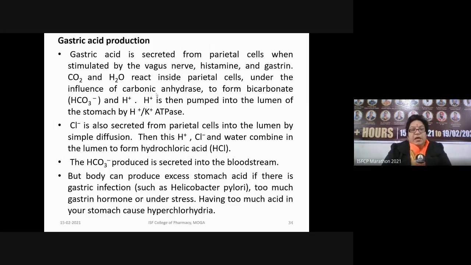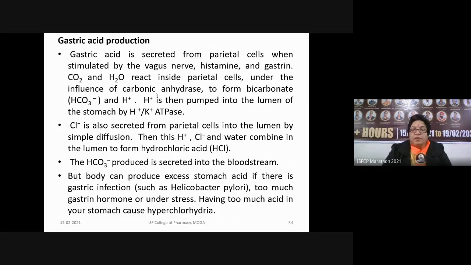Carbon dioxide and water, CO2 and H2O, react inside the parietal cells under the influence of carbonic anhydrase enzyme. As we discussed in the introduction, there are so many types of enzymes present in our GIT.